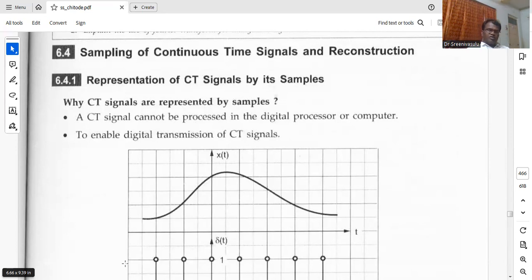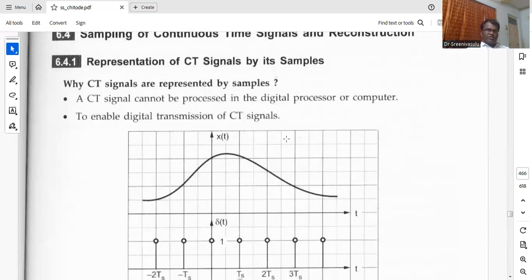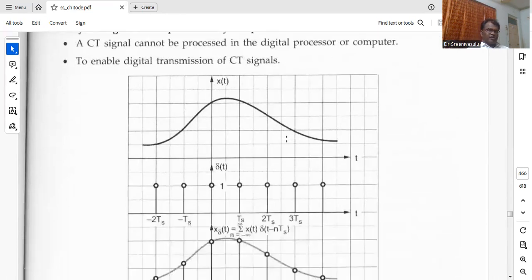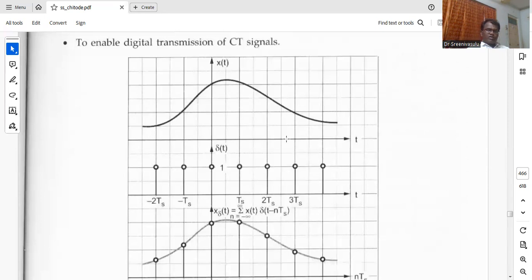Now the question is the selection of Ts. Is it our choice, or is it random? What is the basic phenomenon for the selection of this Ts? The selection of Ts is given by the sampling theorem. We will see the sampling theorem proof after.